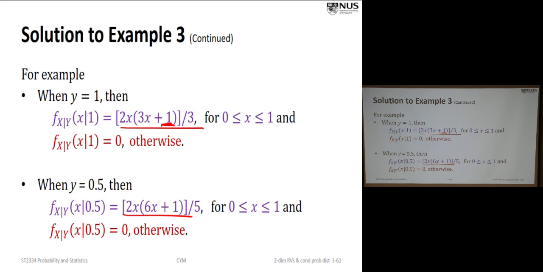Then there's another question: what happens if you are told something about x, let's say x equals a certain value, then how will y behave? So we have to find the conditional distribution of y given x. Similarly, you can talk about the conditional distribution of x given y, given y equals a particular value.